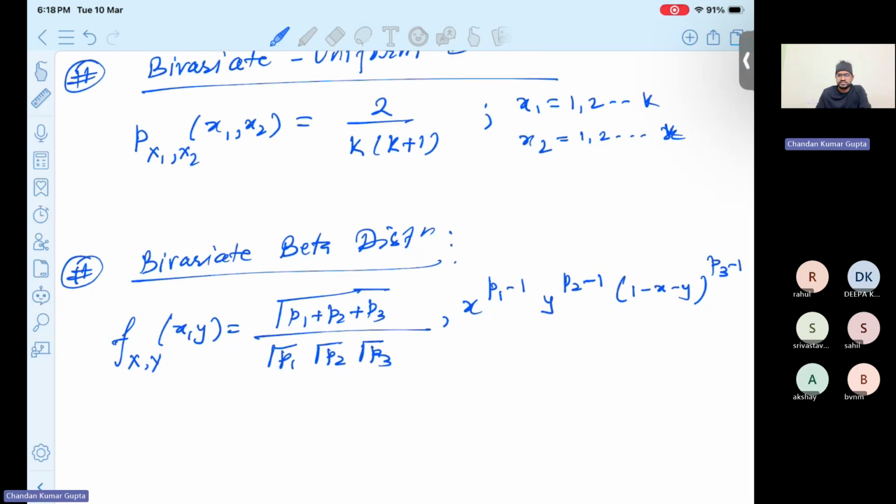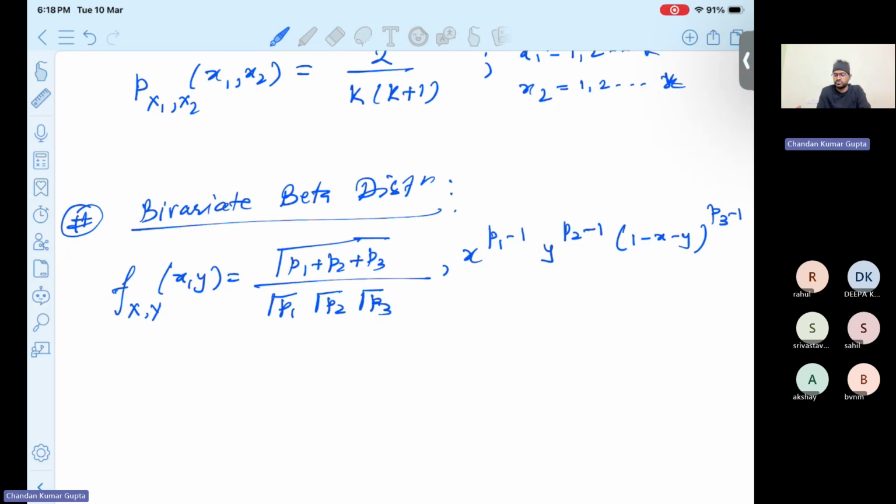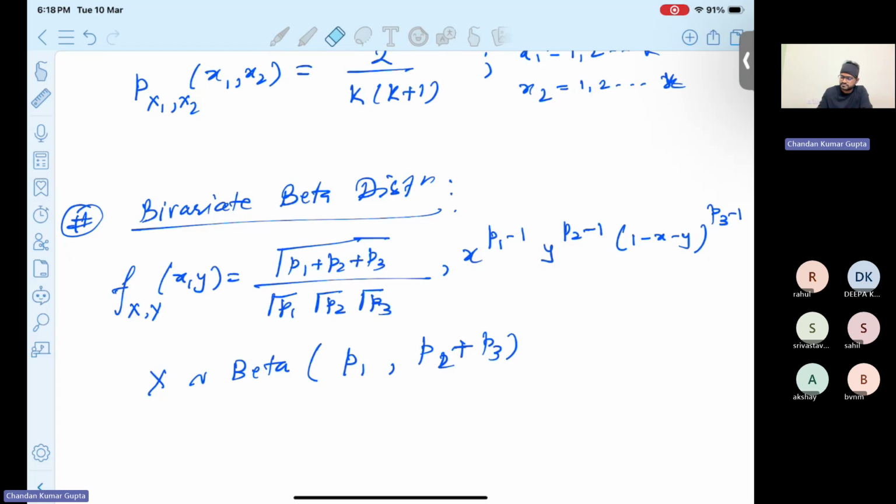Here x and y are greater than 0, x plus y is less than or equal to 1, and P1, P2, and P3 are greater than 0. Also, if you calculate the marginal, you will find the marginal of x is again a beta with parameters P1 and P2 plus P3, and y is again a beta with parameters P2 and P1 plus P3.